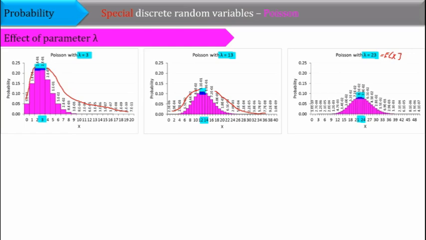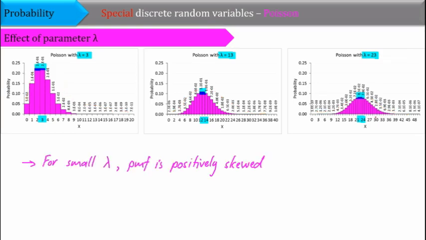The tail on the right has become a bit shorter. If we look at lambda equal to 23, which is now quite a bit bigger than the first one and the second, then we see that the left tail became even longer and the right tail became shorter. So this means that we have a distribution that's fairly symmetrical.